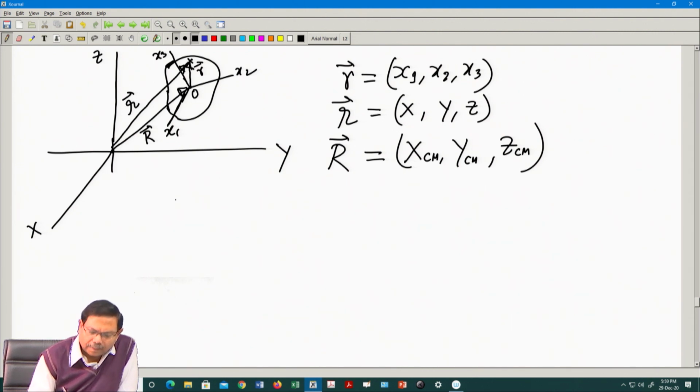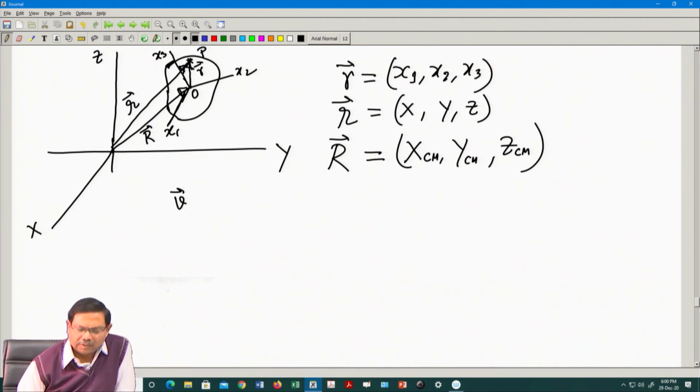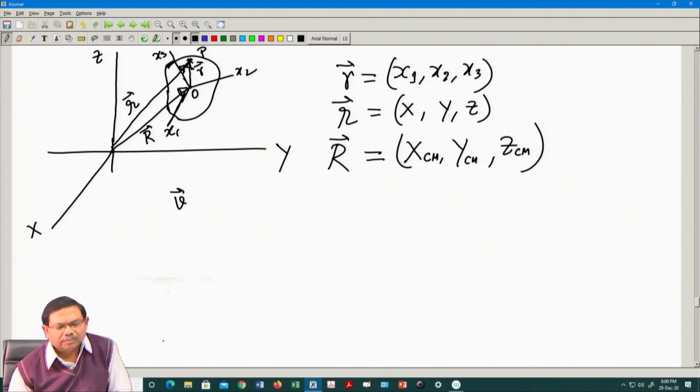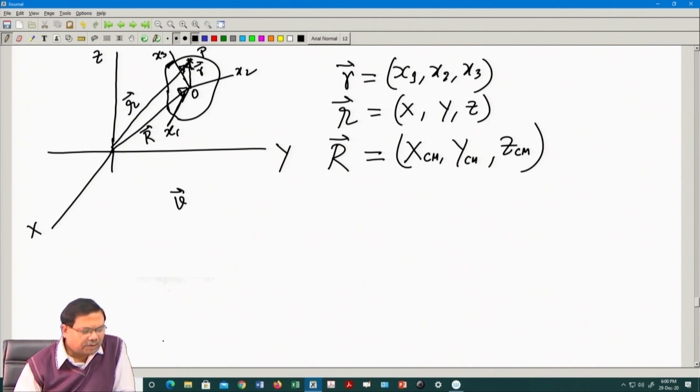So, now the velocity of any particle, let us say P here on the rigid body. When it is moving, it has a translational motion because the center of mass is moving, and with the center of mass there may be a rotation. So, in general a rigid body has a translational motion and a rotational motion.